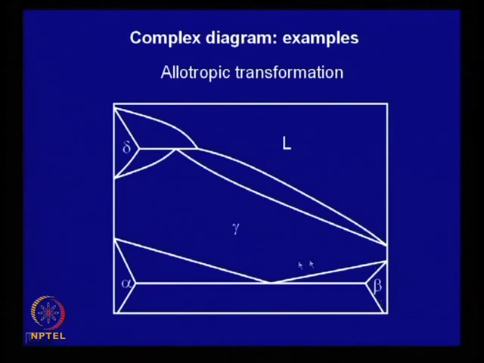So, in this particular case, if you try to draw the cooling curve of this pure metal, you will get one isotherm here, one step over here, second step here, third step here. Whereas, for pure B you will get one step for solidification and a second step over here.